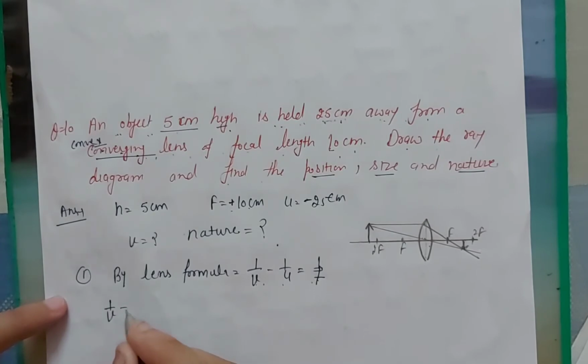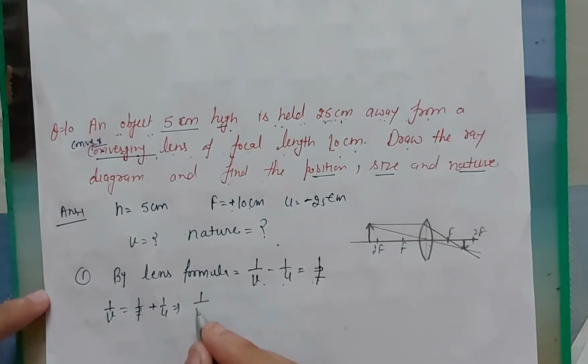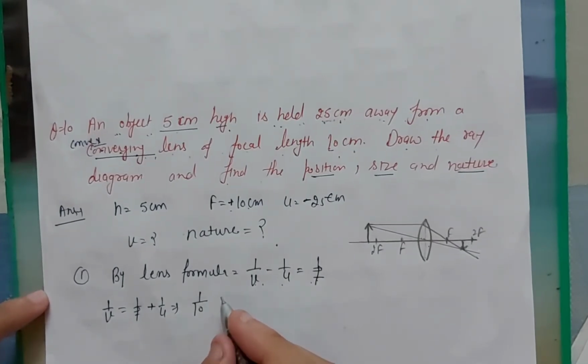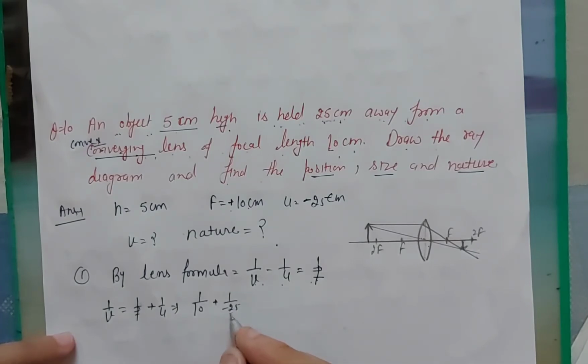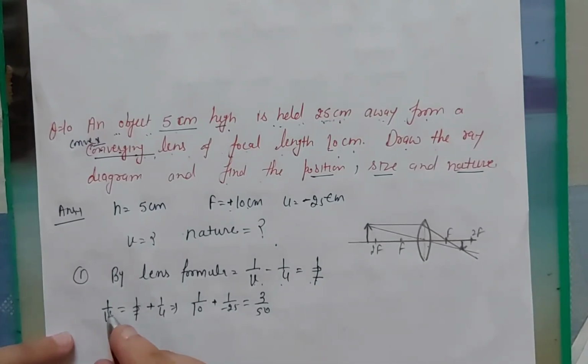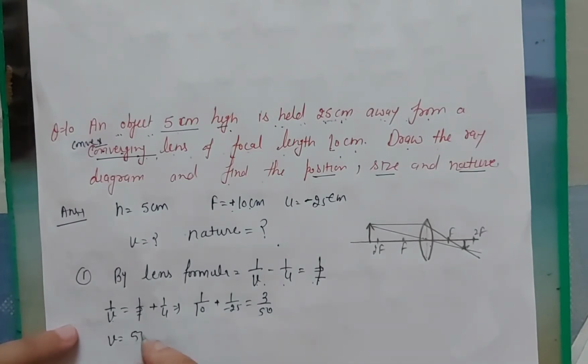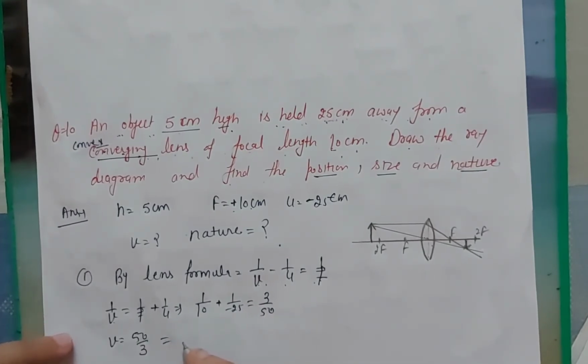So 1 by v is equal to 1 by f minus 1 by u. Now put 1 by 10 minus 1 by minus 25. So when we solve it, 3 divided by 50. So it is the value of 1 by v. So what is the value of v? We reverse the value, 50 divided by 3, or we can write 16.67 centimeter.